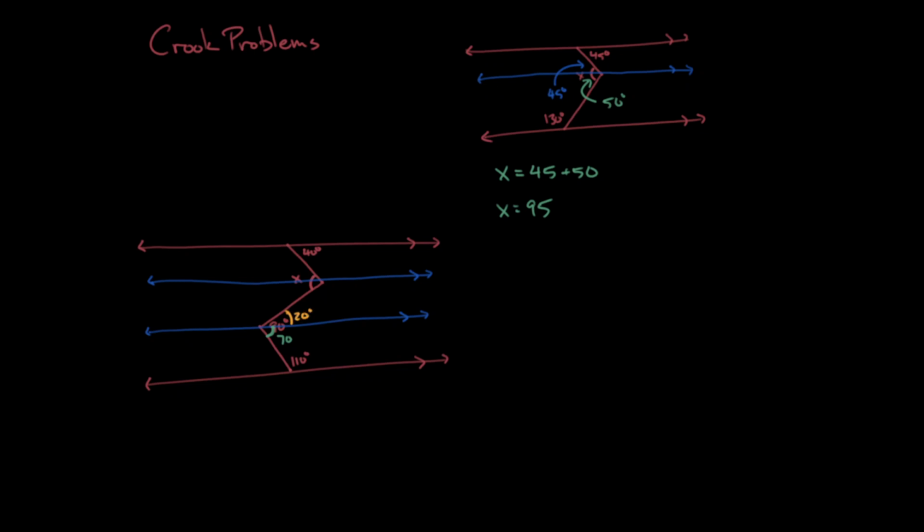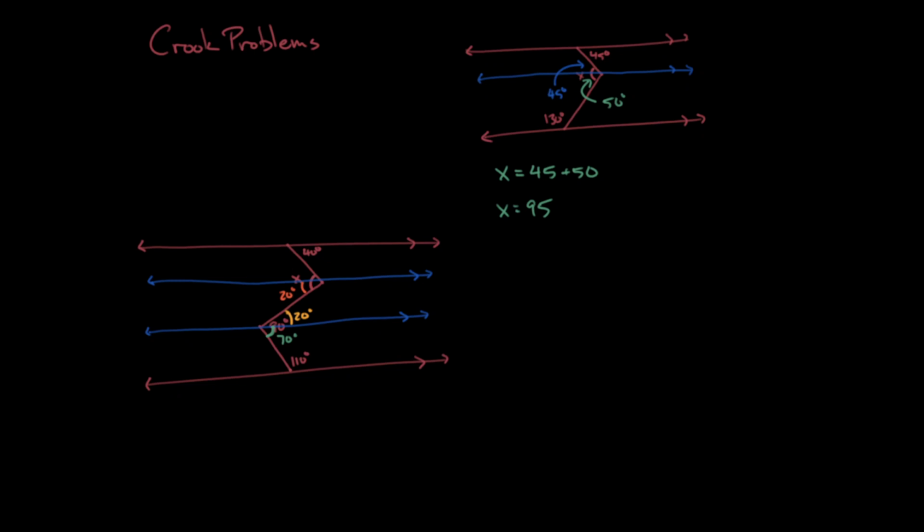Now, if I look at this angle right in here, it is an alternate interior angle with this 20-degree angle, so this has to be 20 degrees as well. So I've worked all the way up and found a portion of my angle that I'm working with. Now I just have to work down from the other direction.